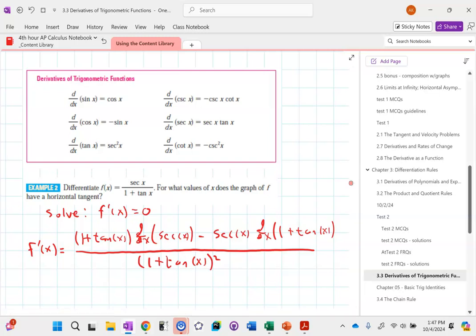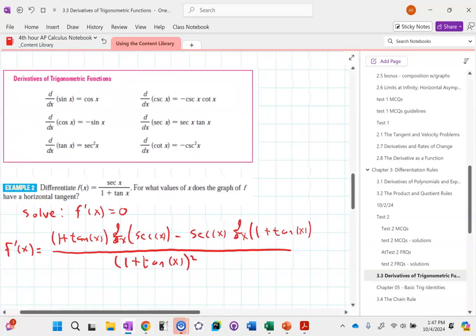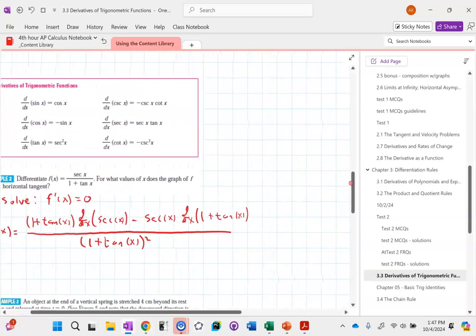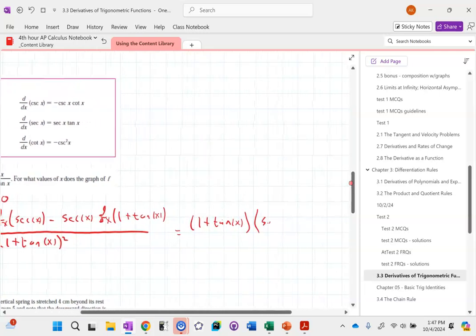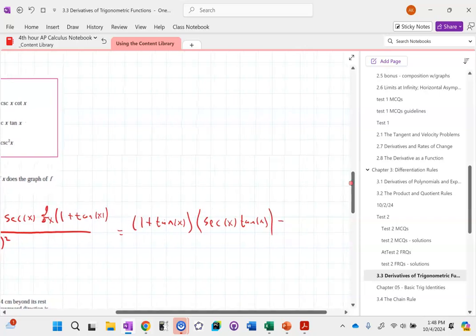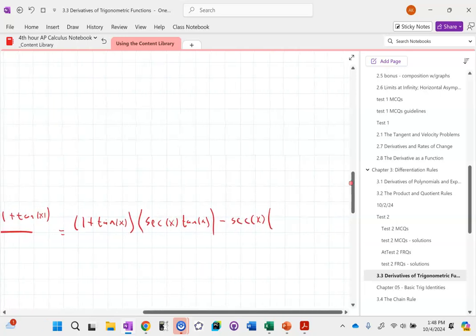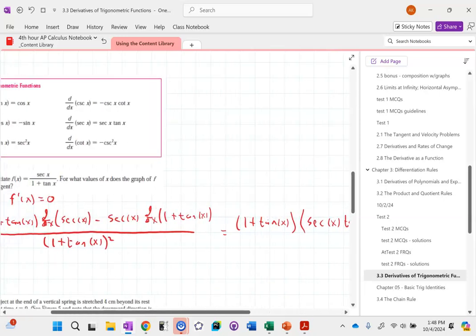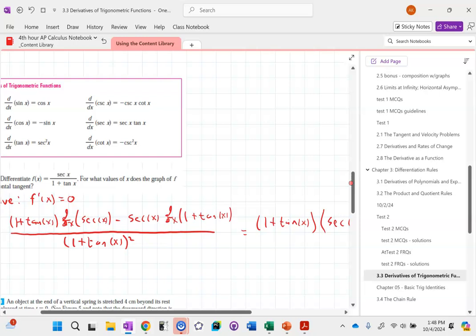So far, so good. Okay, the derivative of secant is secant x times tangent x. Again, he just read that from the rules above. We hadn't said that explicitly. And the derivative of 1 plus tangent x is, so the derivative of tangent, it's just going to be 0 plus secant squared x, right?